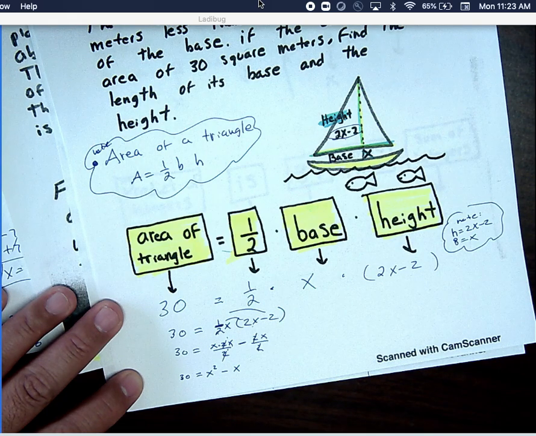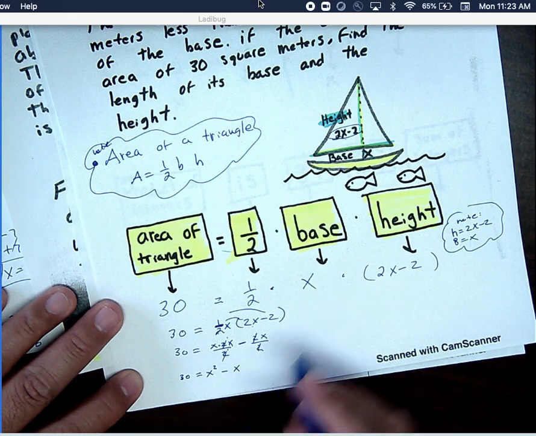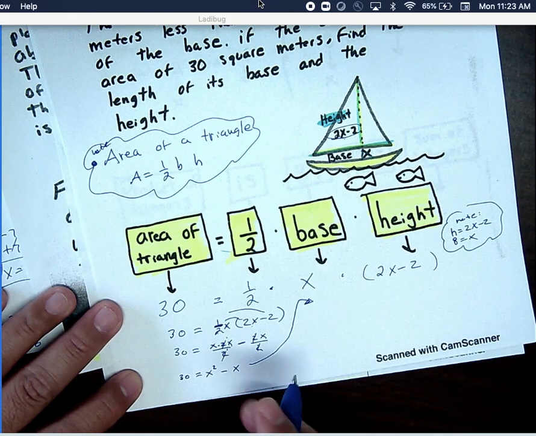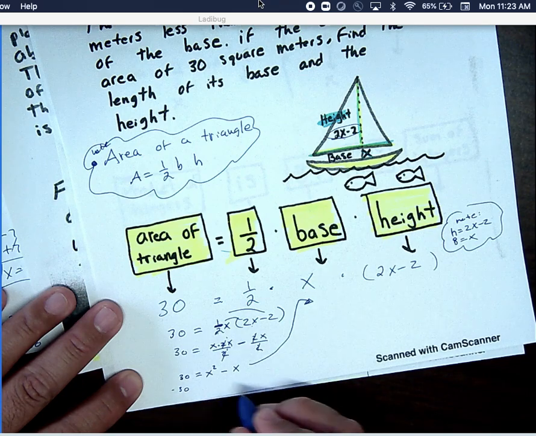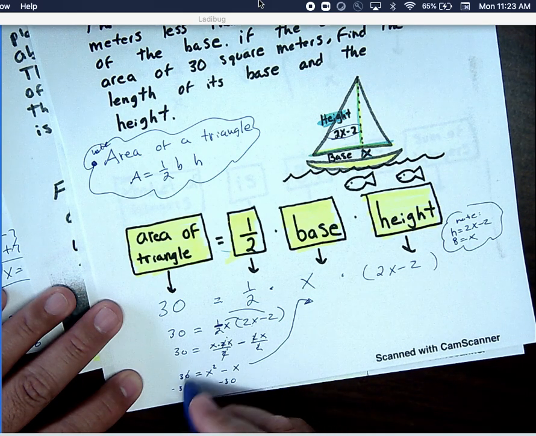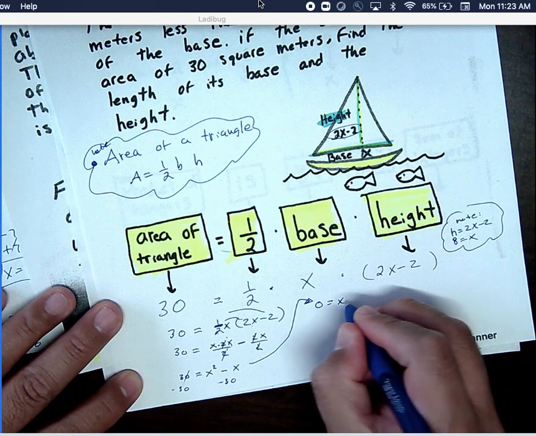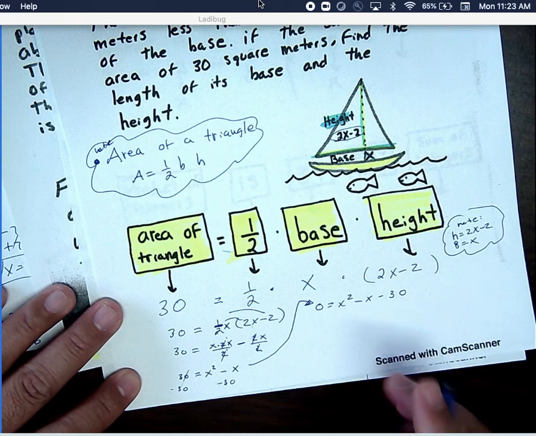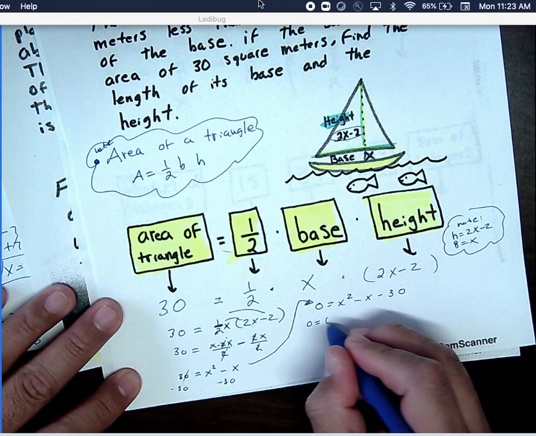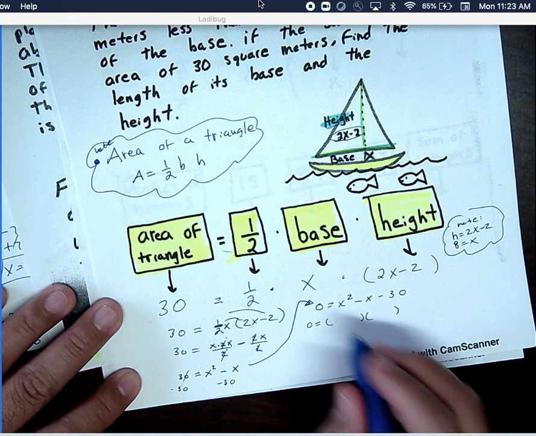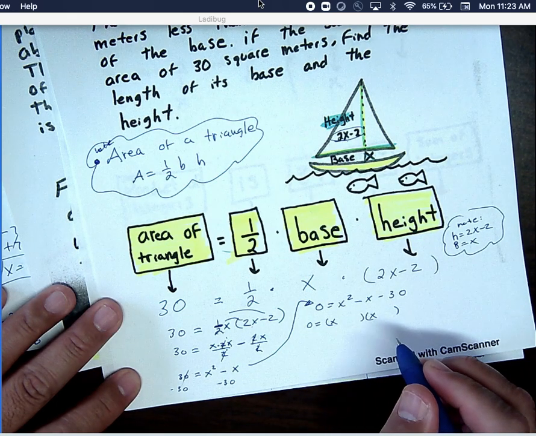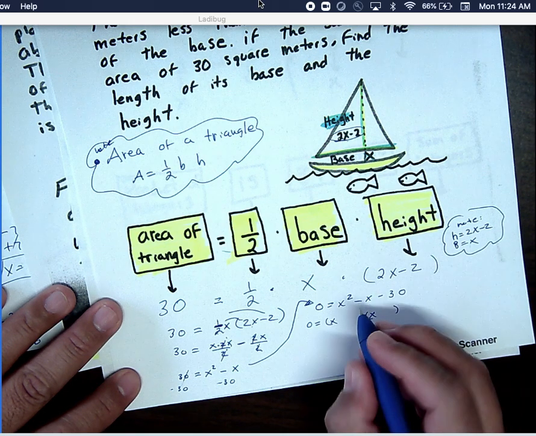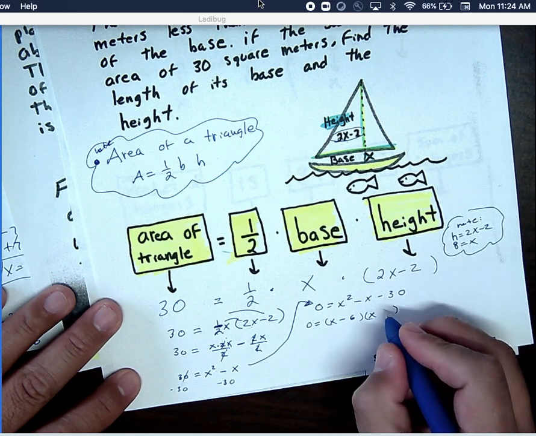Alright, so now what do we do? Now we bring everything to one side. We need to make it into standard form. So minus 30 on both sides, and you would have 0 equals x squared minus x minus 30. What follows after this? You factor it. I know this is going to be negative 6 and positive 5.